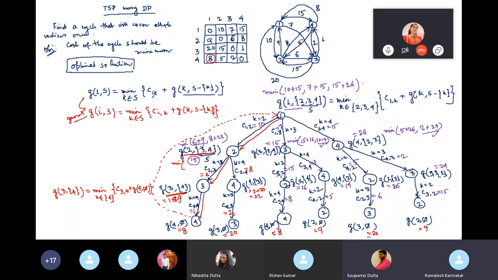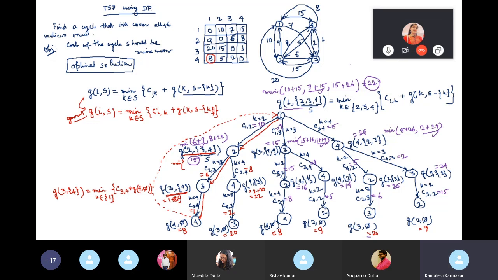Among them, the minimum value is 22. So from this graph, the minimum cost is 22. If you want to find a cycle for the traveling salesman, then the minimum cost is 22.